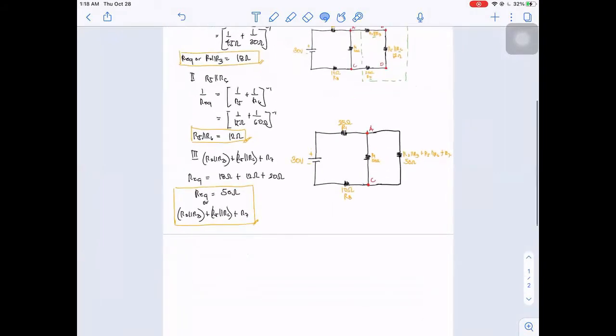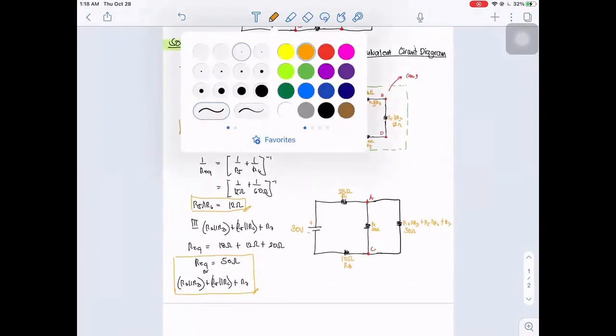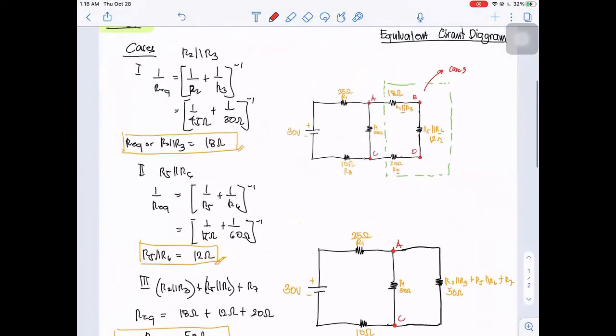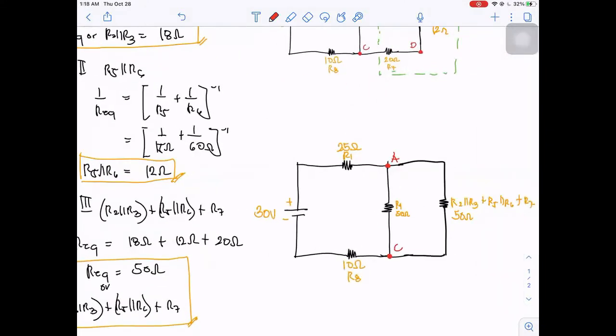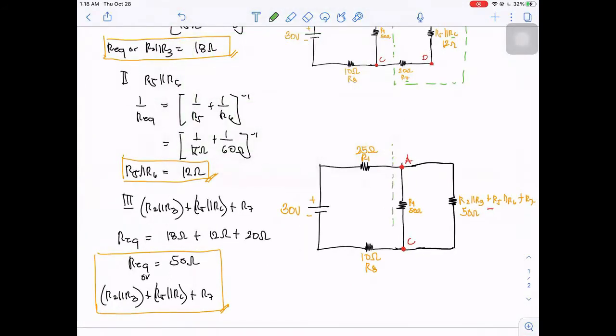Then after that, we have now our case number 4. As we observe in the equivalent circuit, R4 is parallel to the 50 ohms resistor. So this is our case number 4.